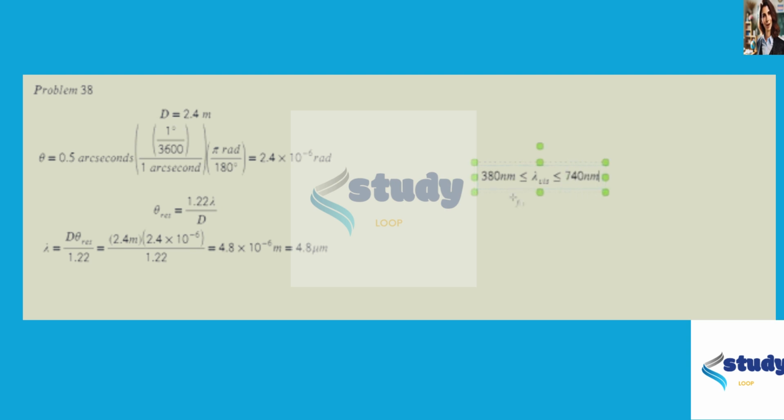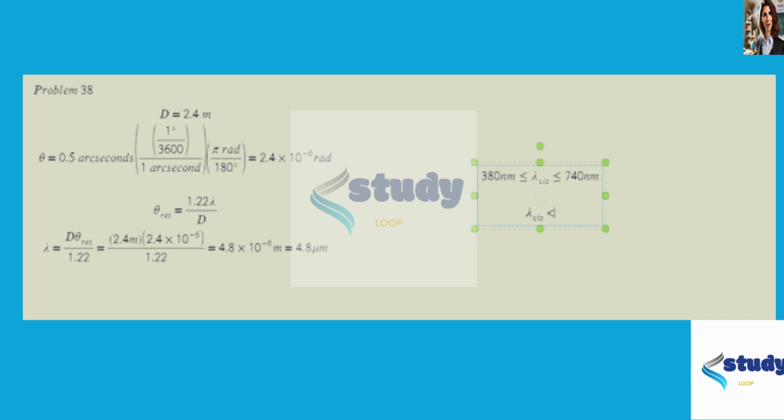Notice that lambda vis, the wavelengths associated with visible light, are much less than this lambda. They're much less because this is a micrometer, these are nanometers. So these are 10 to the negative 9, these are 10 to the negative 6.